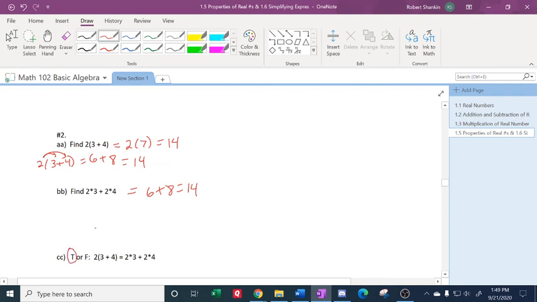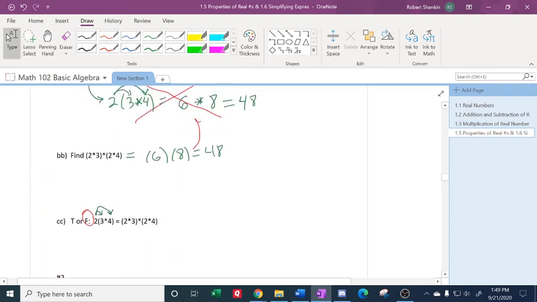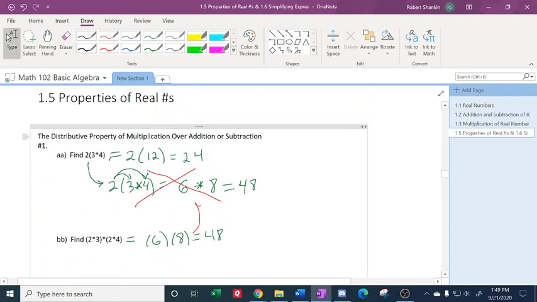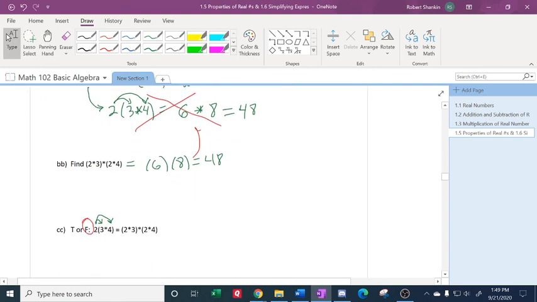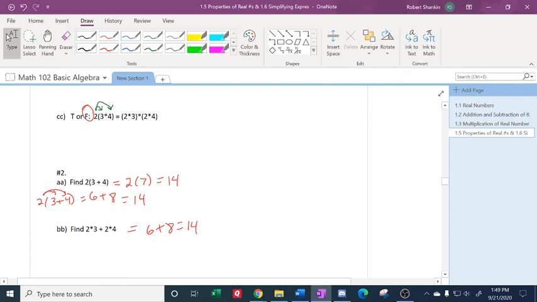Now, we'll notice the difference. The name of the distributive property of multiplication, it has to go over an addition or subtraction sign. Now, when we looped it over the top, 2 times the 3, but the next one went over an addition sign.